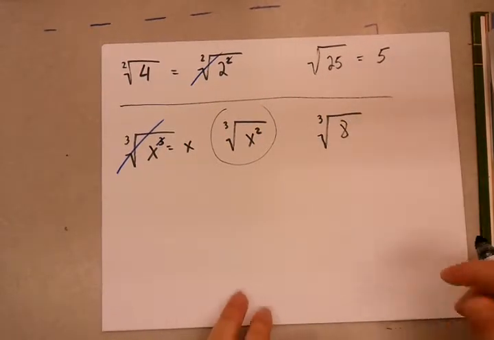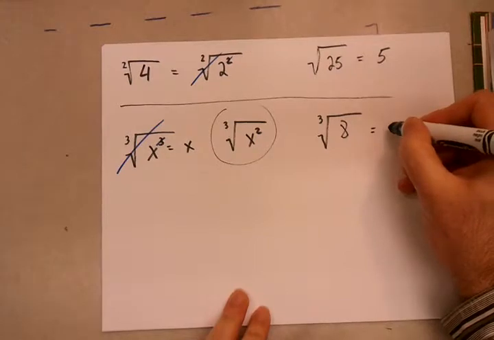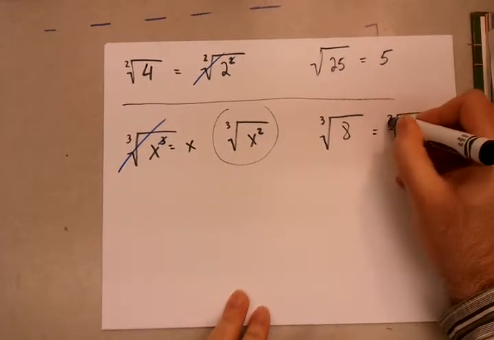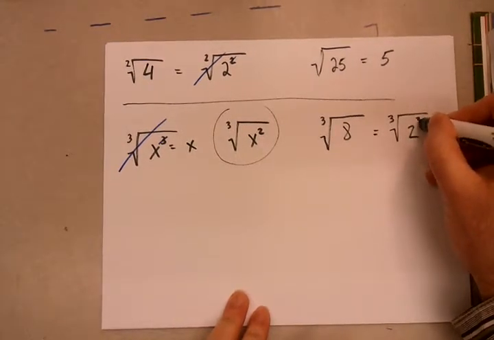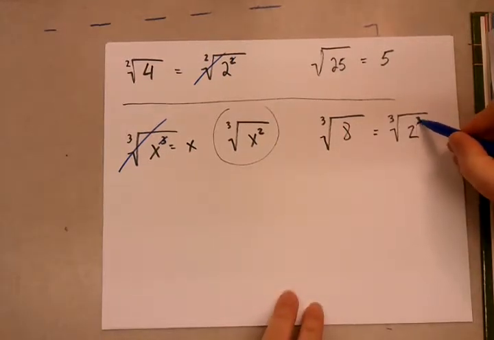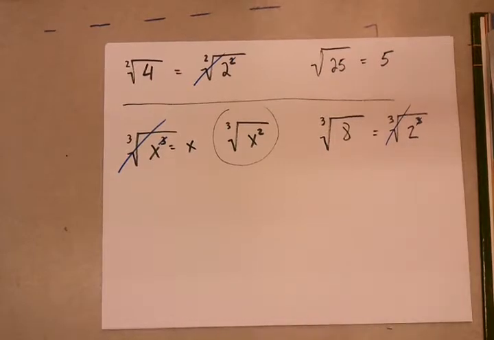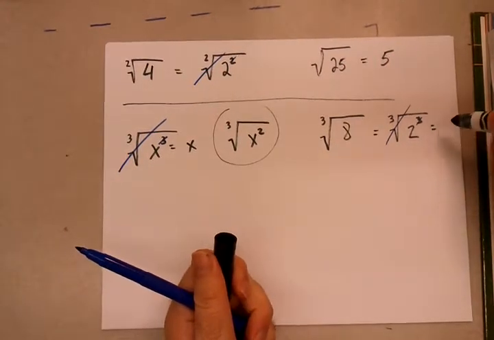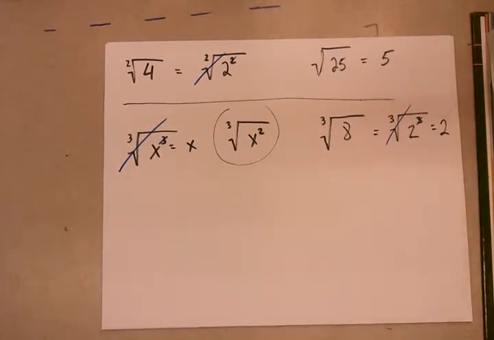It's a perfect cube because it's essentially 2 to the third power. 2 times 2 is 4 times 2 is 8. And just like with perfect squares and square roots, you can cancel out the power of 3 and the cube root. And so all you end up with in the end is just a 2.